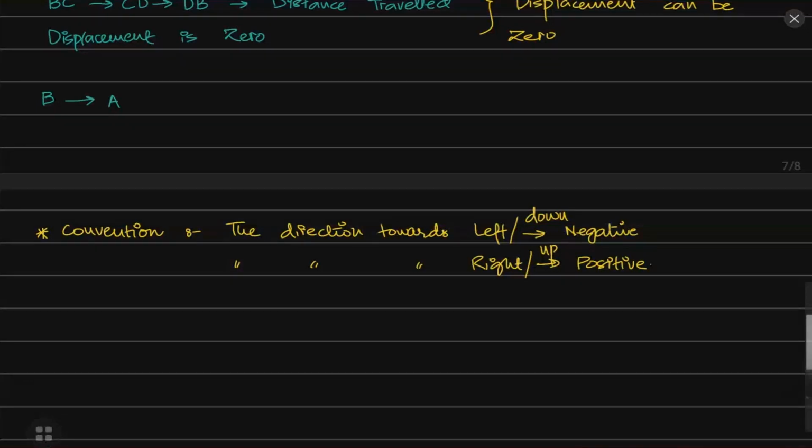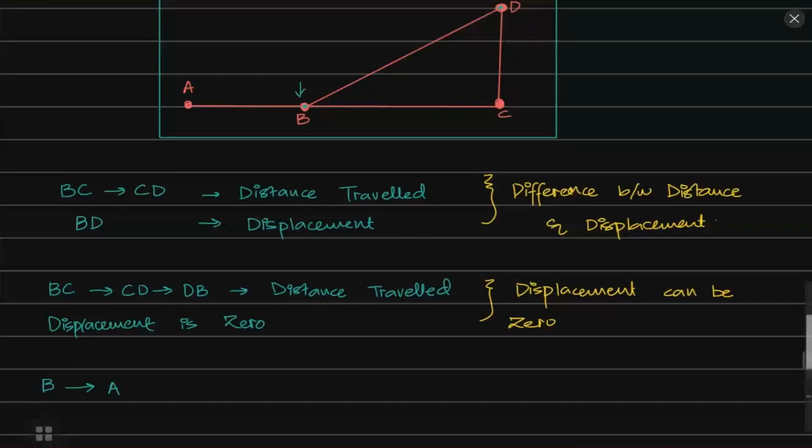So when something is moving up or moving towards the right, we call that a positive movement or positive motion, right? If something moves towards the left or something's going down, we call it negative. Make sense? Yes. Okay. Now, keeping the convention in mind, if I am traveling from B to A, I'm definitely covering a distance.